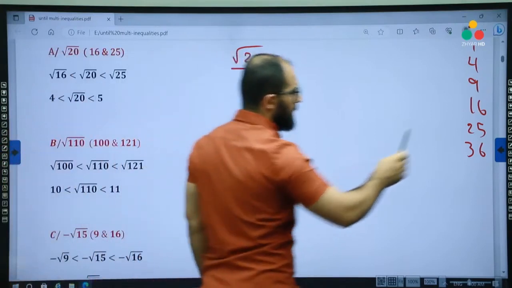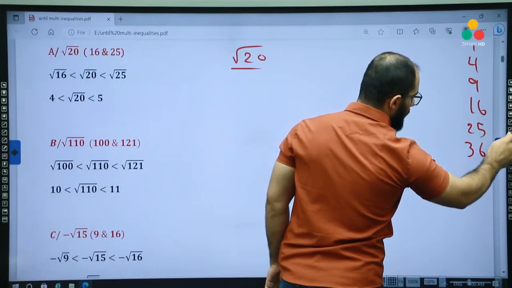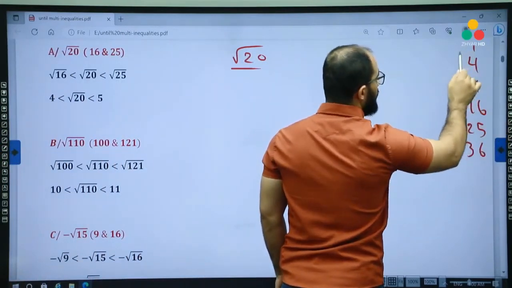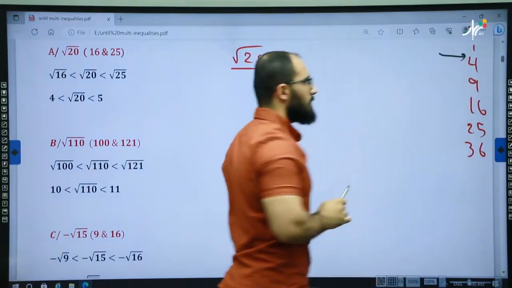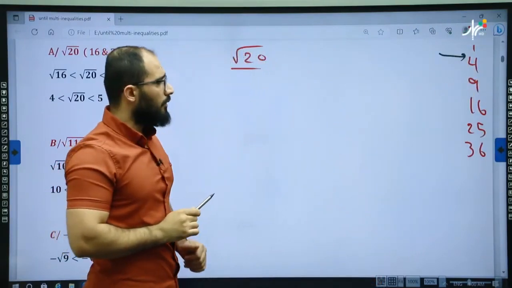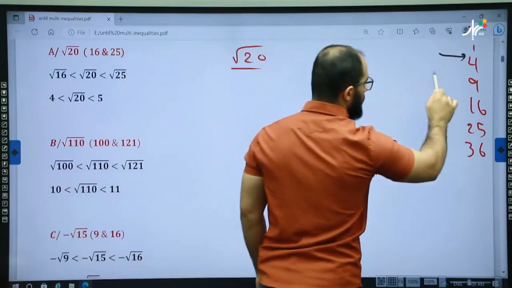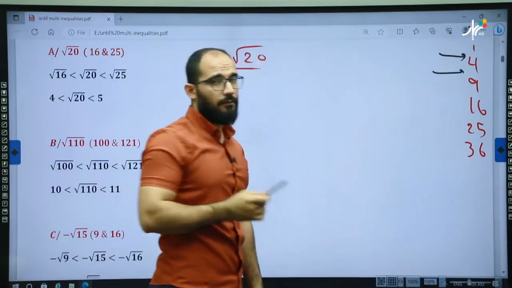If I choose, for example, 1 and 4, can you say 20 is located between 1 and 4? Or can you say 20 is located between 4 and 9? Of course not.